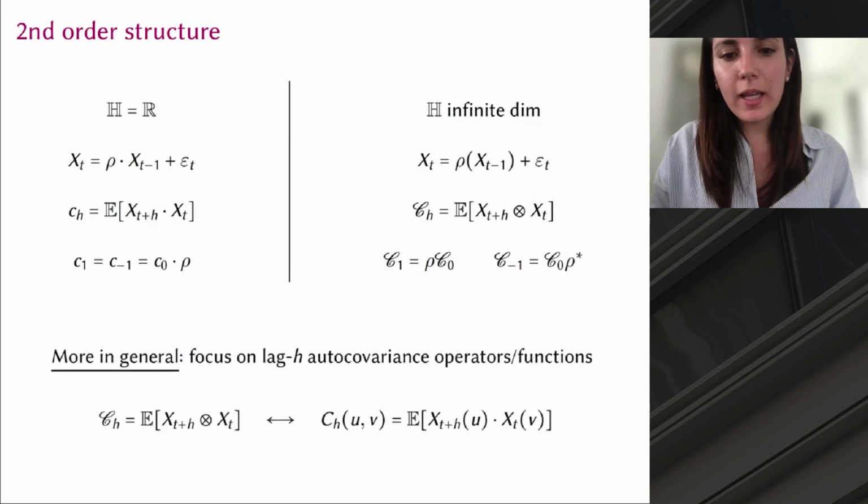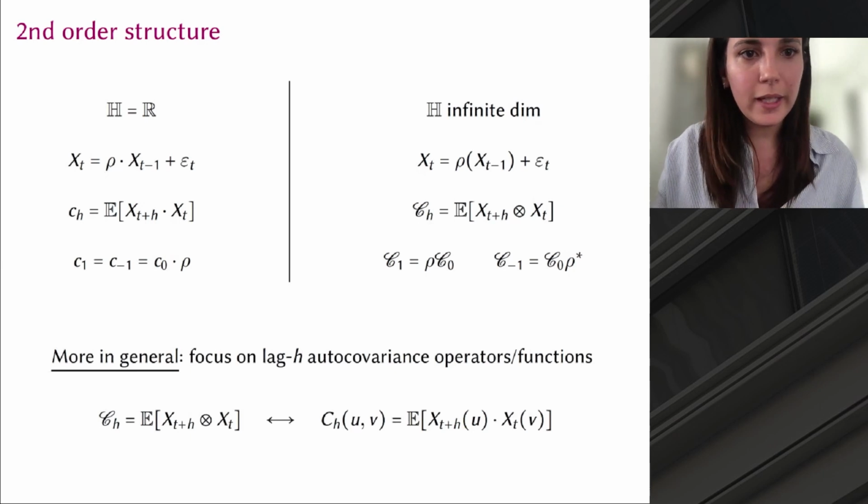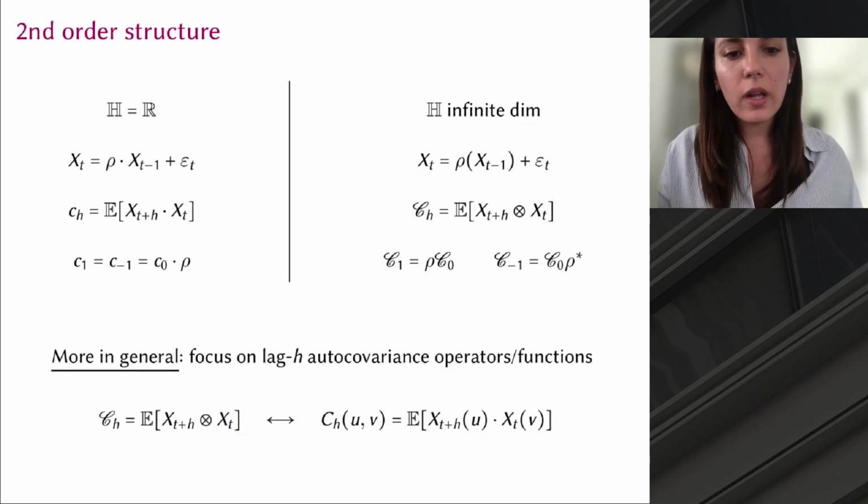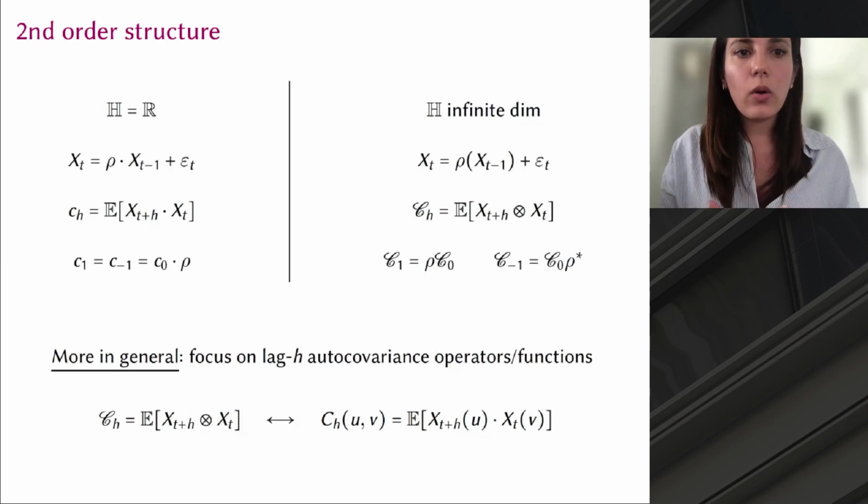So the idea is that, even in general, for the autoregressive model, rho is one of the leading parameters, together with C0 and C1. Here, in general, for other models, we would like to focus on lag h autocovariance operators or autocovariance functions, depending on the Hilbert space we are looking at.